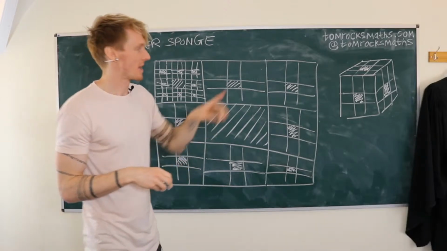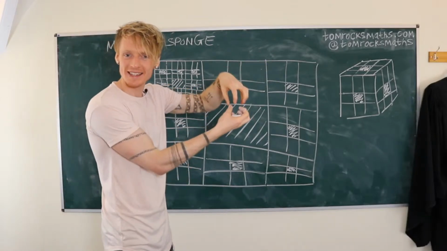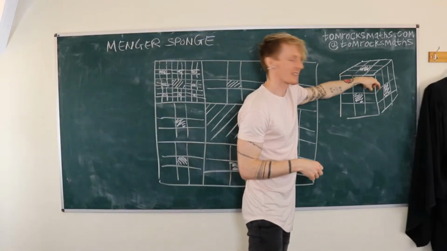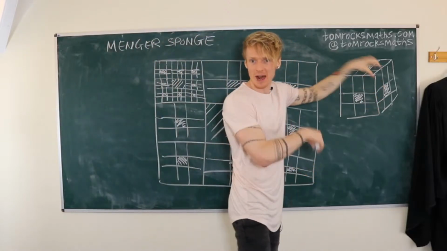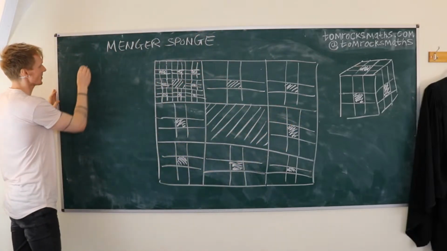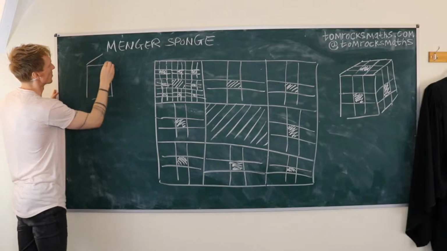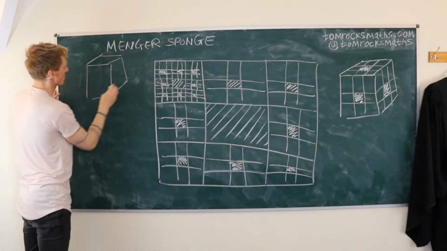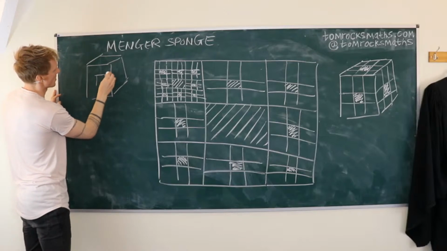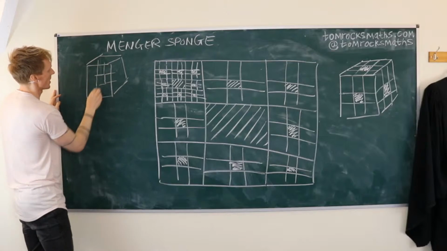But there's also a final one right in the center. So the very center of the cube is another cube that you have to remove. So at step 1 you have a cube, but you've got a hole here, and it goes all the way to the far side and also goes up and down and out.